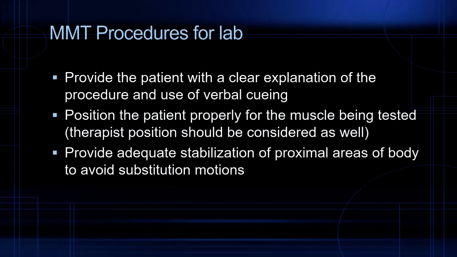You're going to have to describe exactly what you want this patient, not your PTA student lab partner, to do. Okay? You're going to have to position the patient properly for the muscle being tested. And in your lab handout, all of the positions are listed very, very clearly. You also need to make good thought processes and choices about how you're positioned for your own body mechanics, okay?